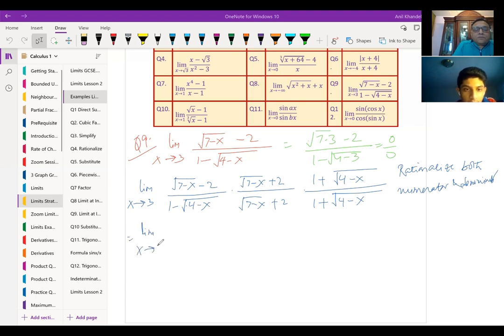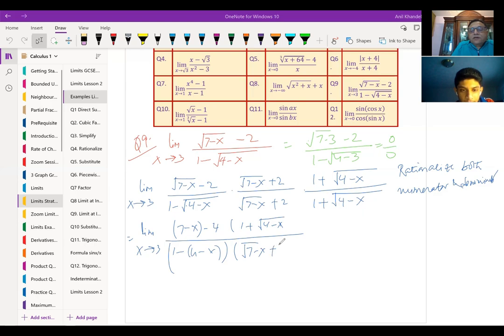You would get 7 minus x minus 4 for the first part, and then multiplied by 1 plus square root of 4 minus x, over 1 minus 4 minus x times square root of 7 minus x plus 2. Is it okay? Correct.